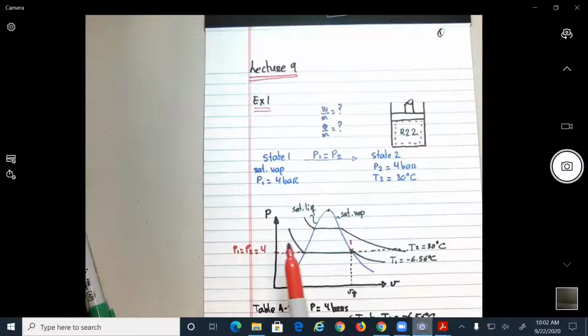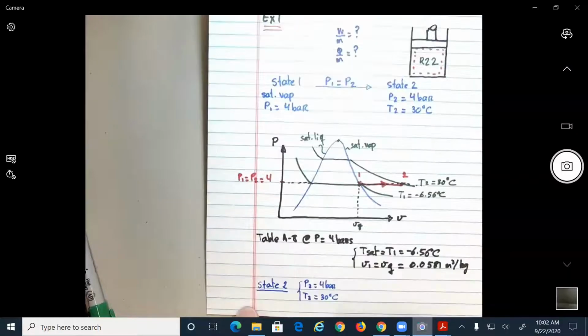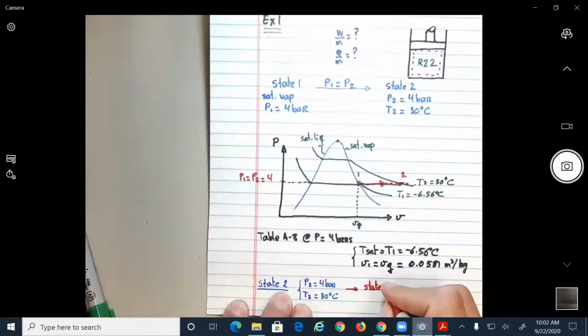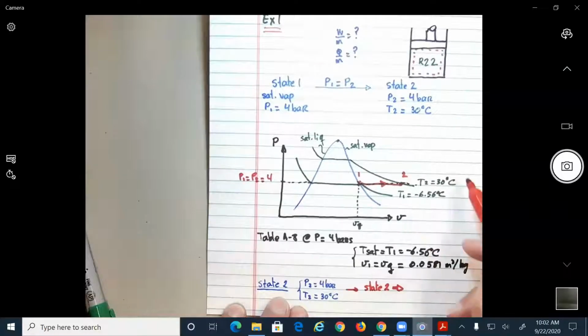It's going to be right here, no? So what does that imply? That implies, from the figure and this data, that state 2 will be in the area of superheated vapor or gas. So basically it's a vapor or a gas. It's in this area.